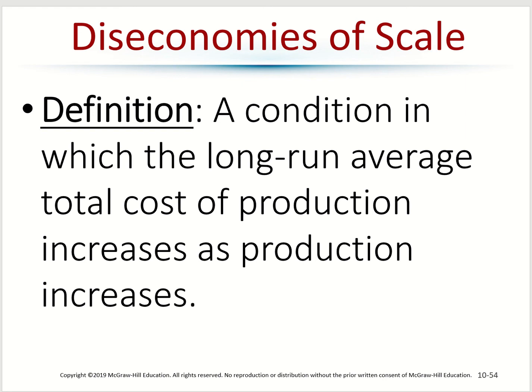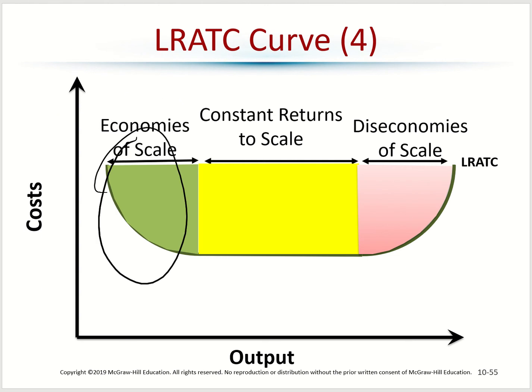If you look at this long run average total cost curve, in the beginning, when the long run average total cost was going down, that's called economy of scale. That means companies are becoming more efficient. Many companies, when they try to merge with other companies, the first argument they use is this term, economy of scale. The company can enjoy, let's say, shared costs, so they can reduce the average total cost and become more efficient.